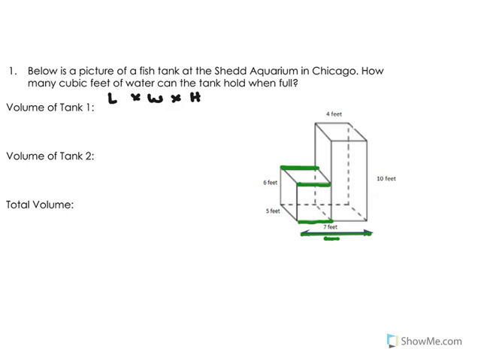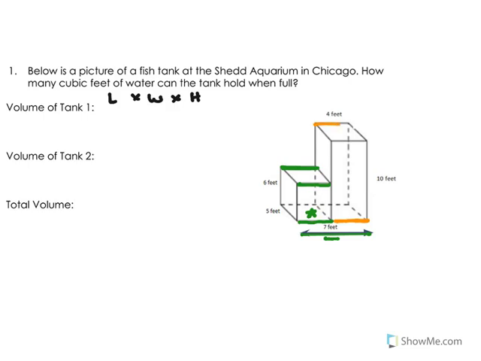It's finding 7 feet represents the length of tank 1 and the length of tank 2 combined. I don't want the length of both of them. I just want the length of tank 1. So what I'm going to do is take the total and subtract the length of tank 2 to find out what tank 1 equals.